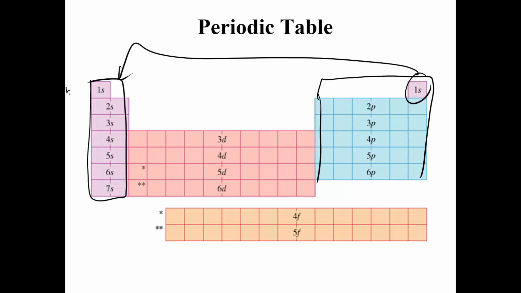So here's n equal to 1. The first period has 1 orbital, an s orbital, and so the second electron goes into that 1s orbital. But we put it over here because it fills up that quantum level, and you get a noble gas here, helium, which has two protons. And then we have the d block and the f block. Just remember that. I'll bring it back later, it's going to help you with electronic configurations.